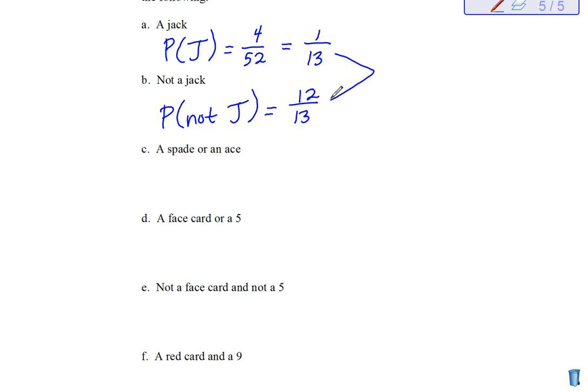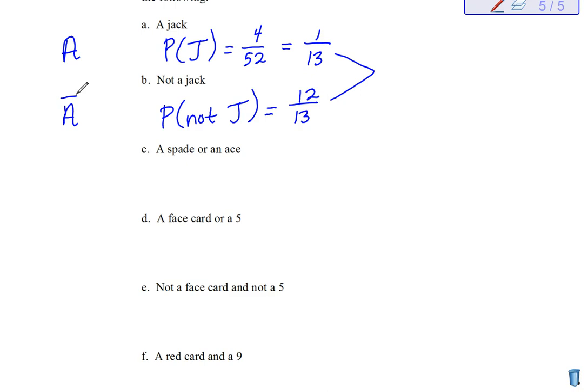There's 4 cards that are jacks. That means there's 48 that are not jacks. So really this answer here would be 48 out of 52, but that reduces to 12/13. I didn't even have to think about that because I knew that if this was event A, this was a complement, and the two of them have to add up to 1.